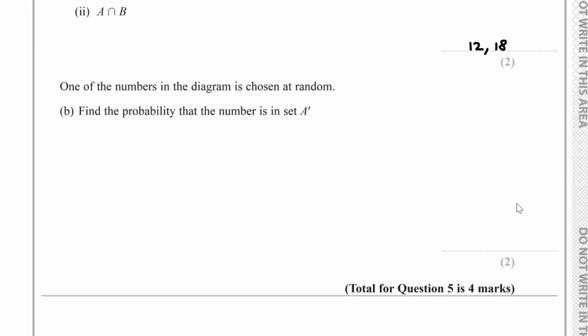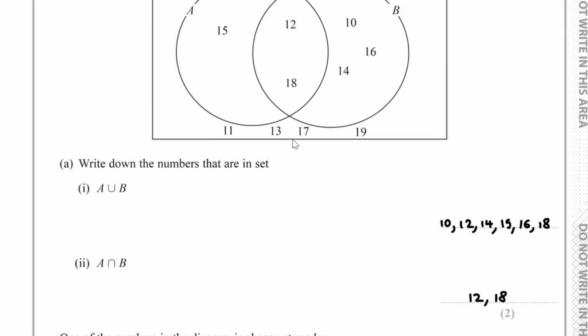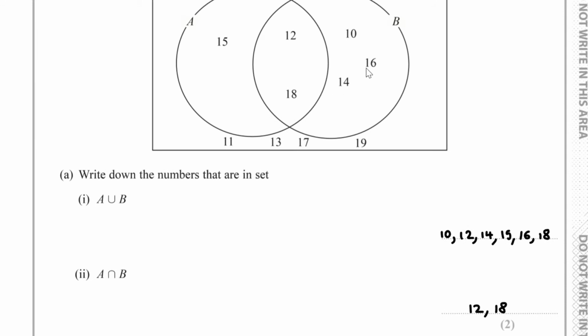And now for part B, one of the numbers in the diagram is chosen at random. We have to find the probability that the number is in set A dash. Well, here, this means everything that is not in A. Well, what we know already is we have 1, 2, 3, 4, 5, 6, 7, 8, 9, 10 numbers in total.